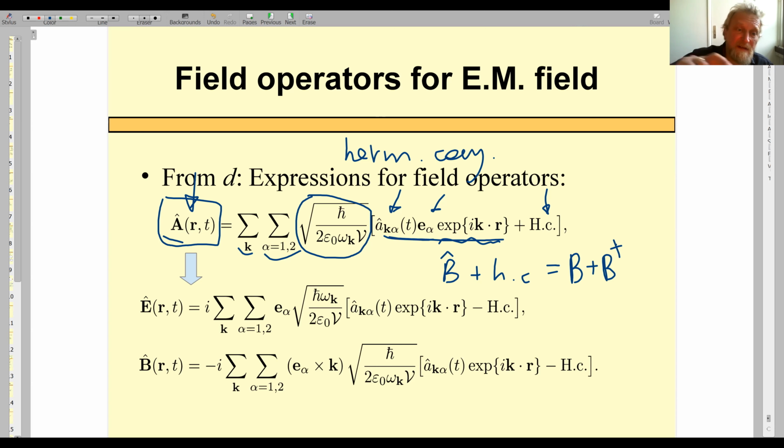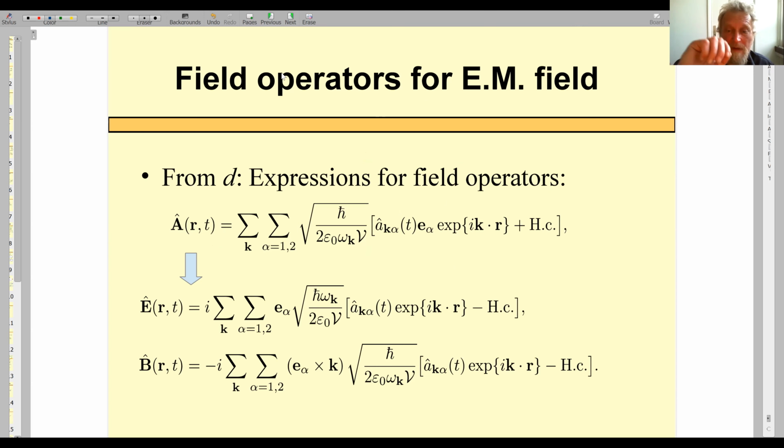Good. So this is the vector potential, and now we can get to actual field variables, to observable fields. You recall that the vector potential by itself is not an observable.